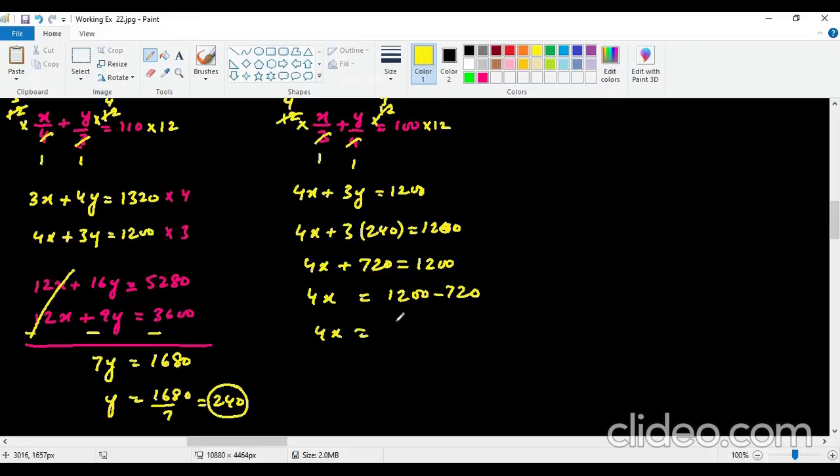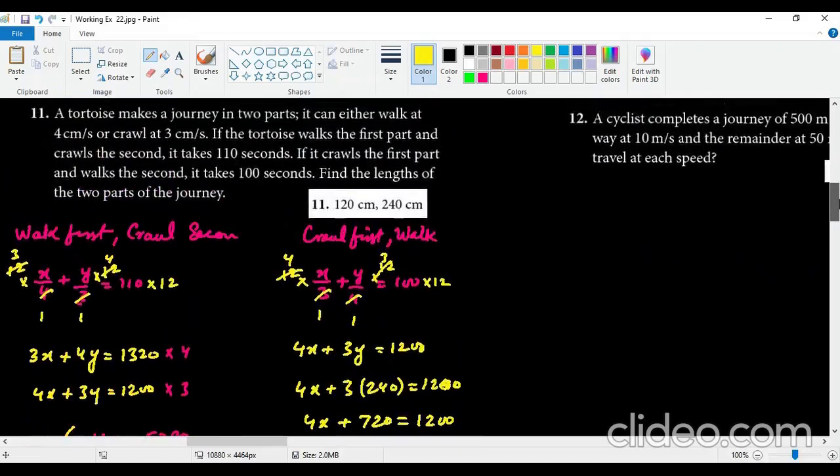So x will be equal to 120. So in here, the answer is going to be 120 centimeters and 240 centimeters.